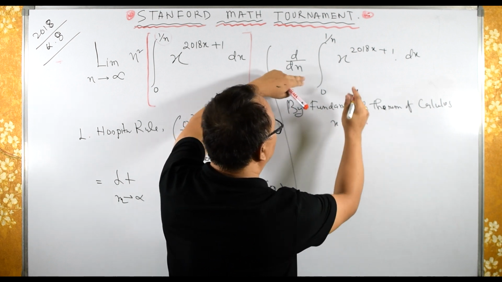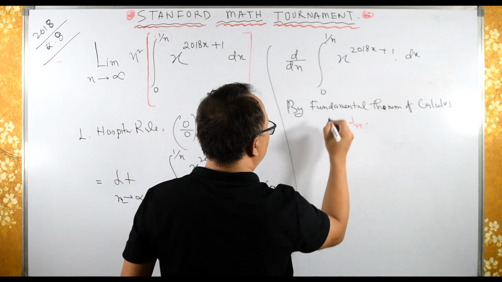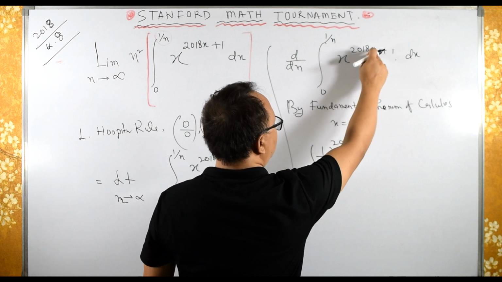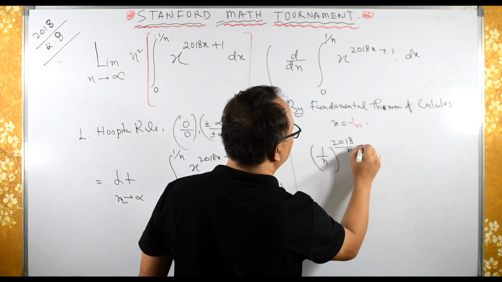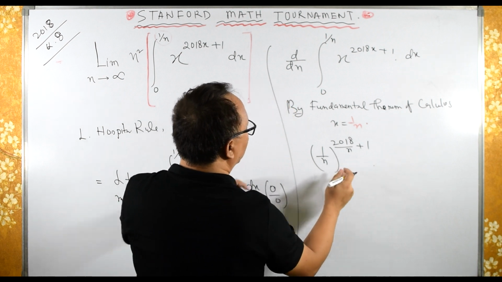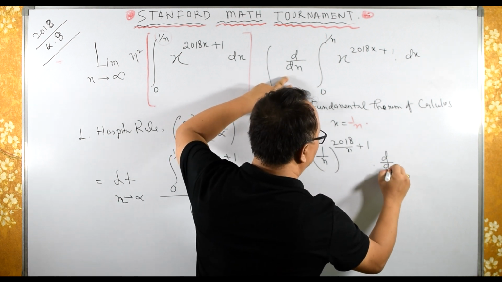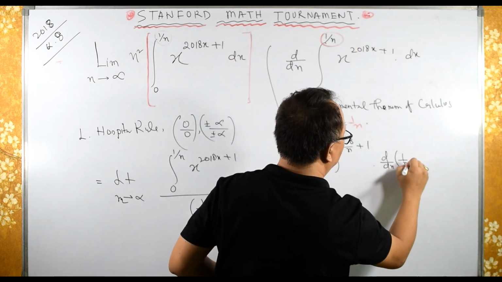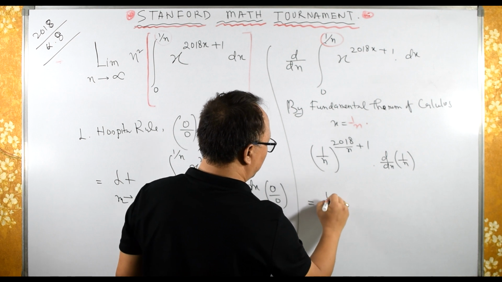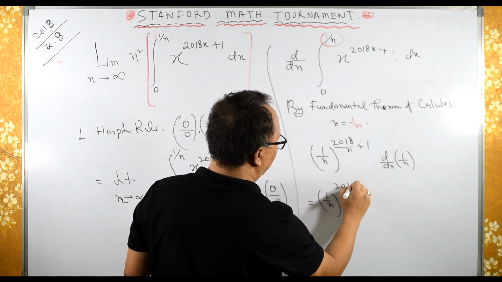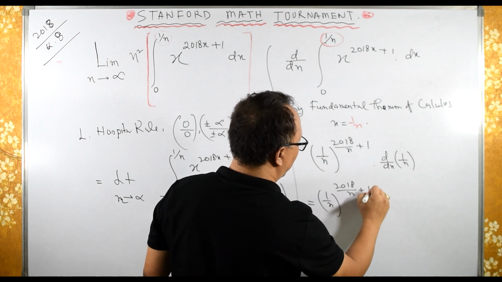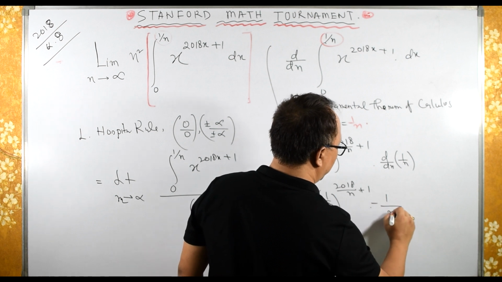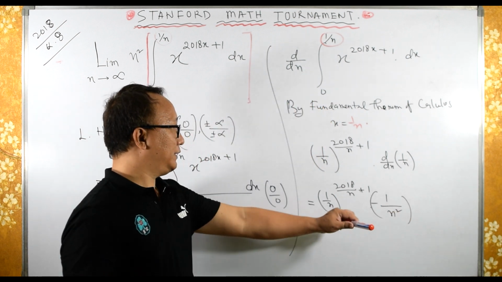So this is 1 by n raised to 2018 upon n plus 1, into d by dn of the upper limit. d by dn of 1 by n is minus 1 by n square.